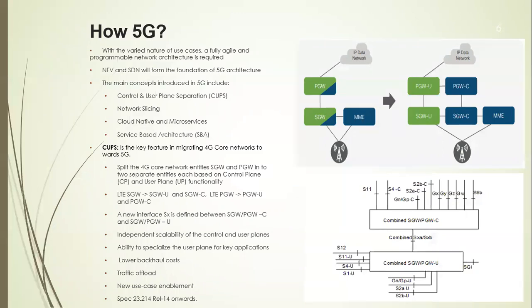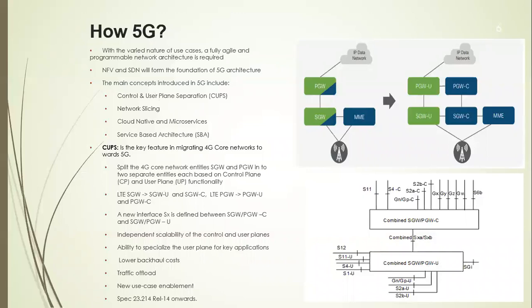In order to achieve the target KPIs and provide the services that we have studied, 5G basically uses other parallel technologies like NFV and SDN. I think you would have some idea on NFV and SDN, network function virtualization and software-defined networks, which have been widely used already in scenarios where cloud-based services are provided.